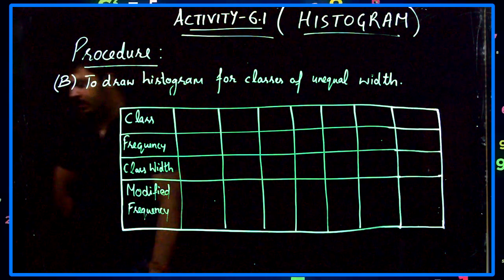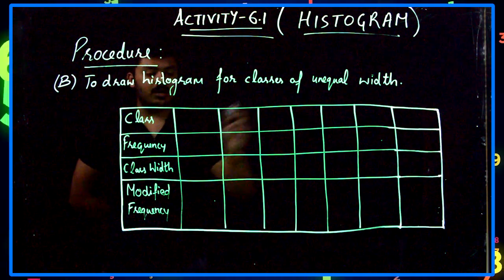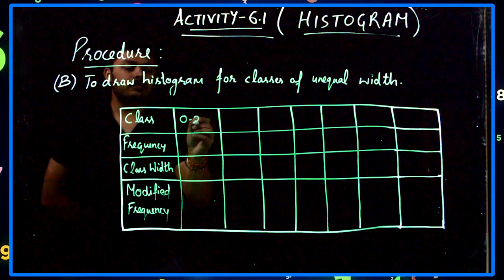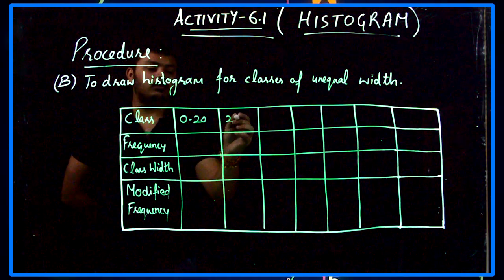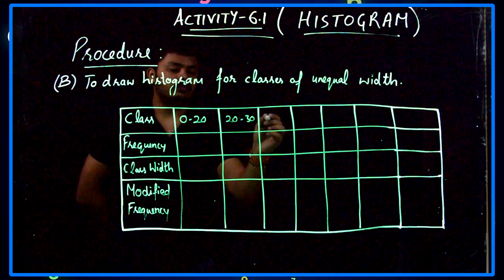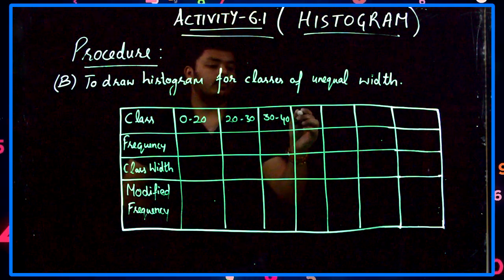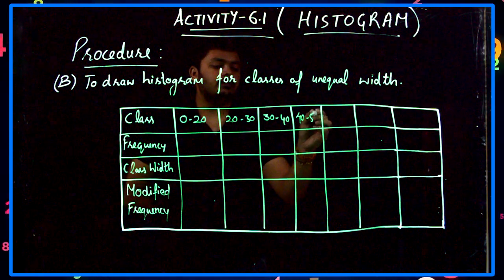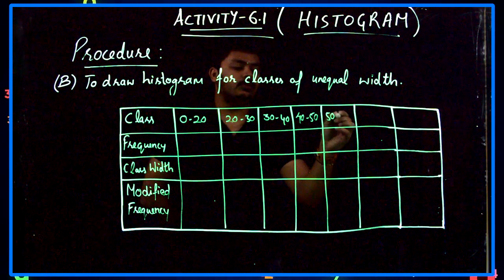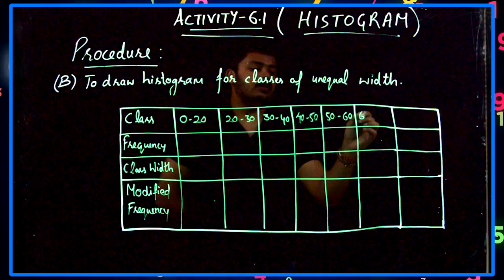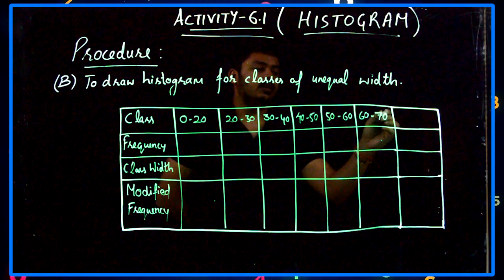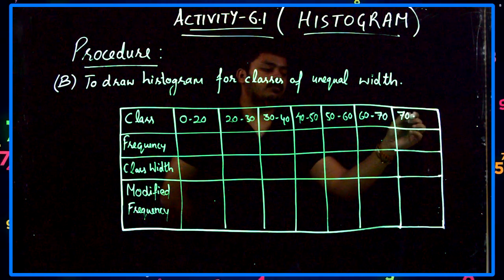So our class intervals, since they are of unequal width, are 0 to 20, 20 to 30, 30 to 40, 40 to 50, 50 to 60, 60 to 70 and 70 above.